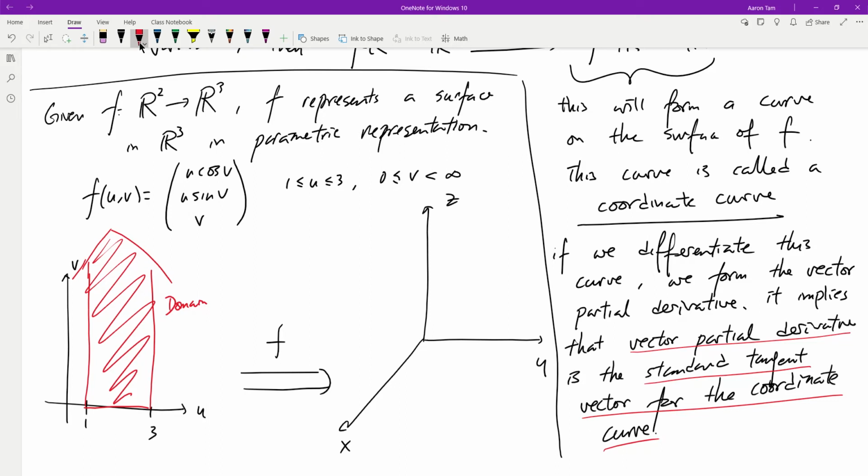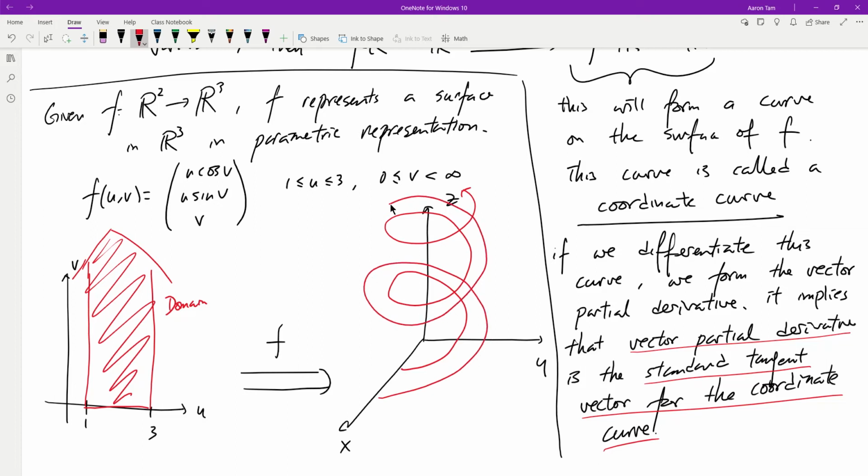Remember, this function actually formed the helix. So here's how I would imagine the function would look like. And then have a second one. So that would be how the surface would look like.